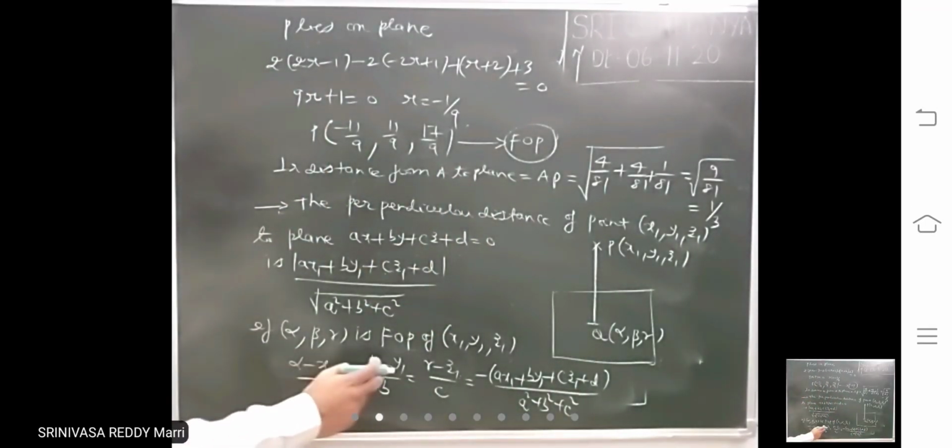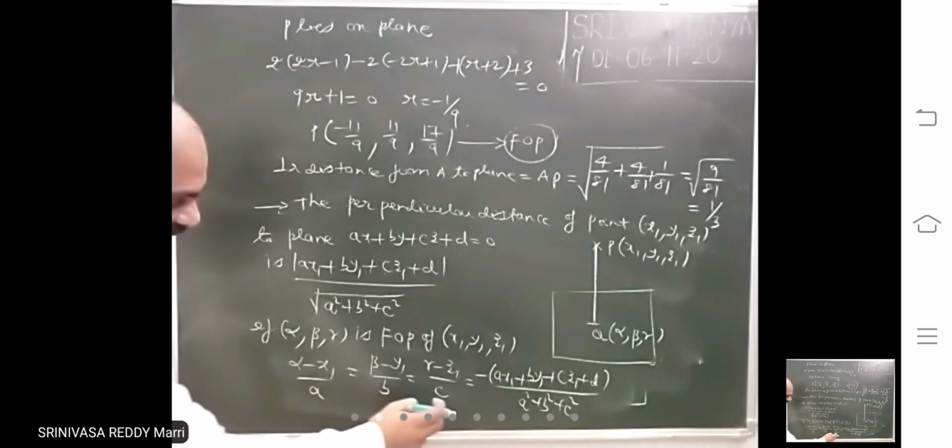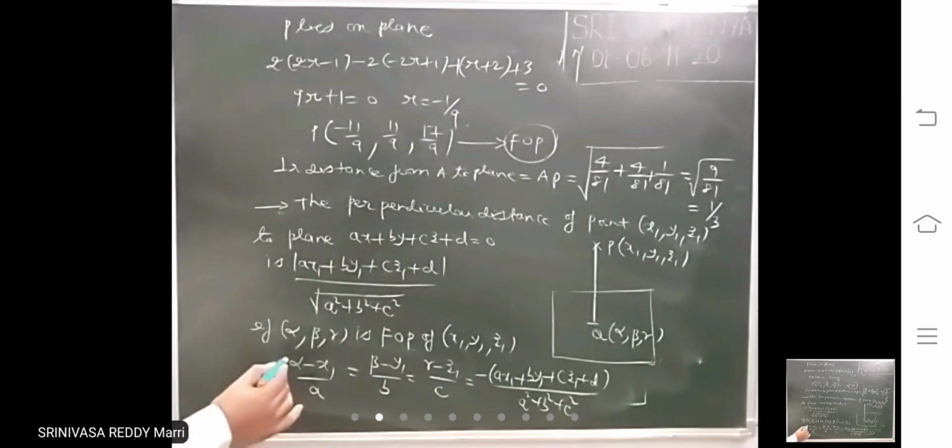So x1, y1, z1 you know, a, b, c you know from the plane, so you can get alpha, beta, gamma. That is the foot of perpendicular.